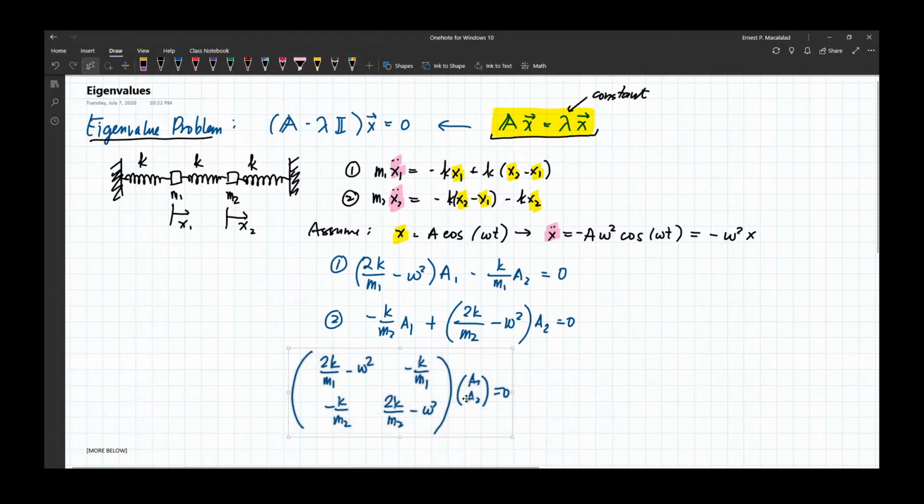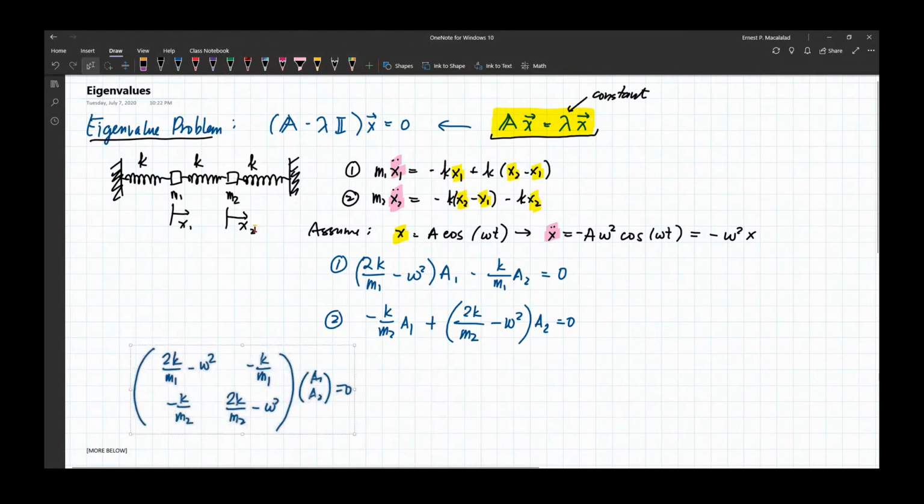Now we can see that this can be written as an eigenvalue problem as follows.